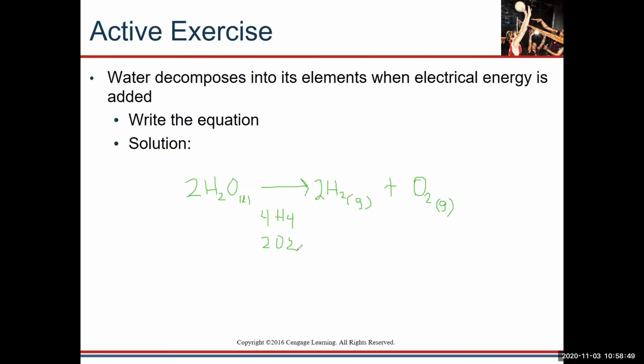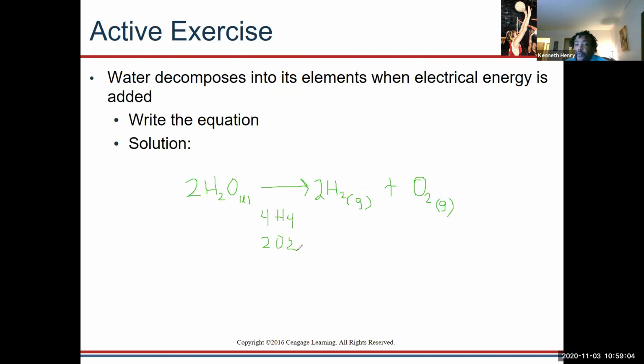I got a question. I'm a little confused on why you put a 2 when you're making the formula, where first it was H2 plus O and then you put the 2. Because when we're just talking about the element, like oxygen gas, we know from the very first day of class there are 7 diatomic elements.